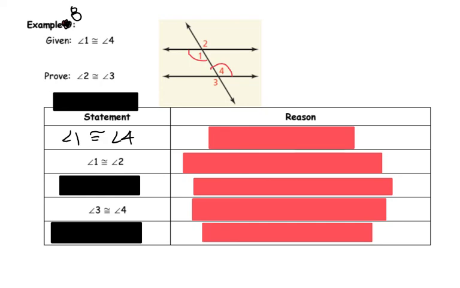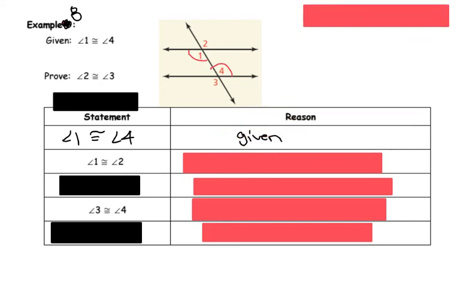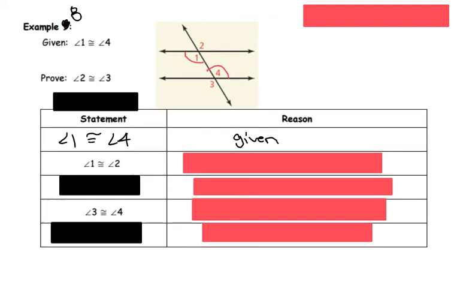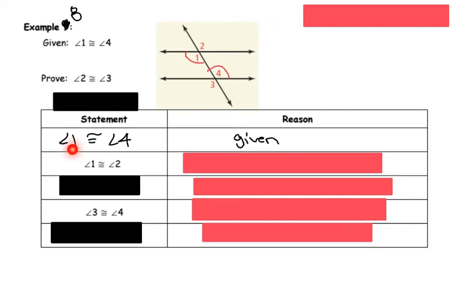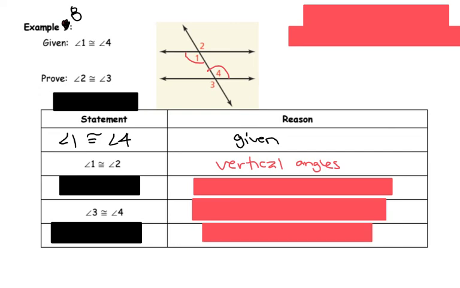What's the reason? This should always be the easiest one: given. It's given information to us. So next statement we have here is that angle 1 is congruent to angle 2. Now, why would those be congruent? Because of vertical angles. So I'm going to make that marking.